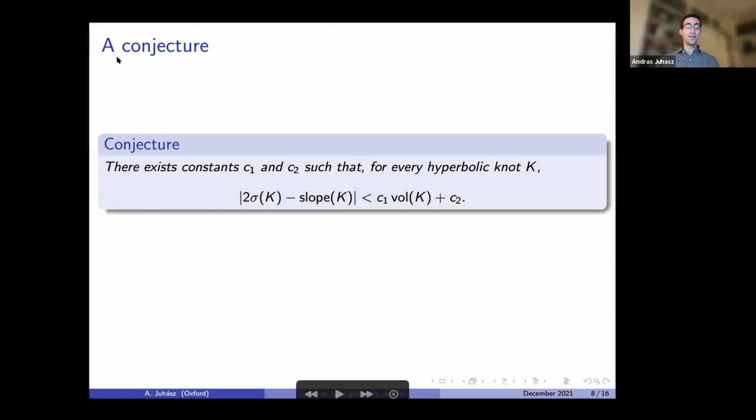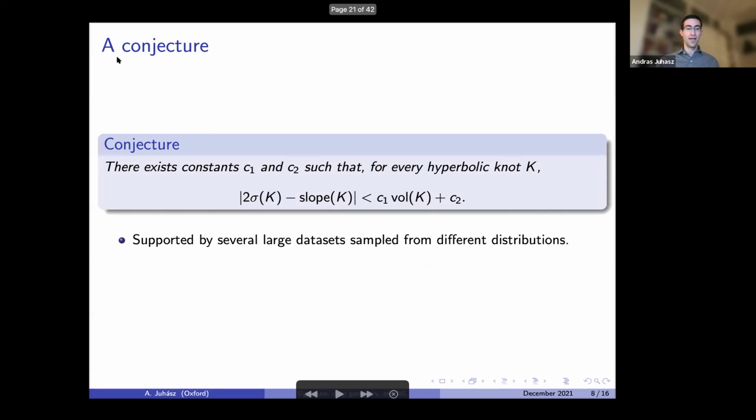And so our first conjecture was that the difference between twice the signature and the slope is some linear function of the volume of your knot. And this was supported by several large data sets sampled from different distributions. So it seemed like this must be true.